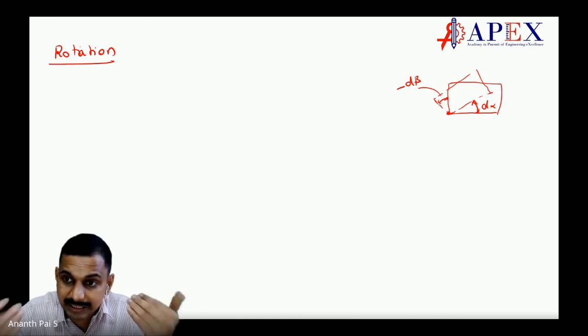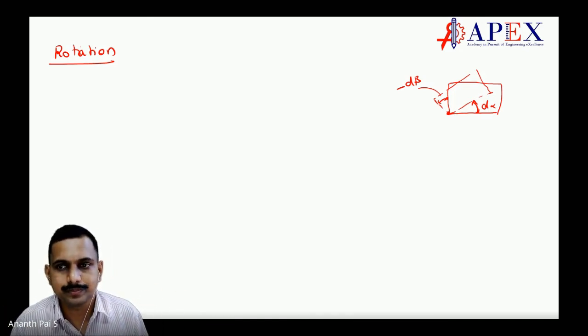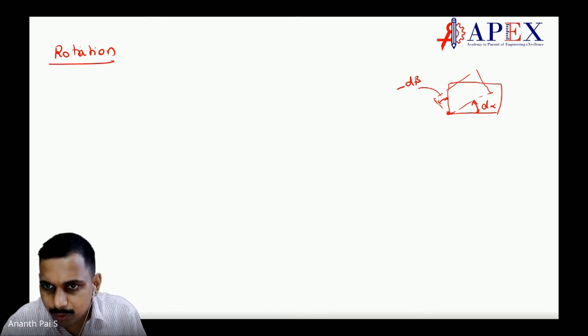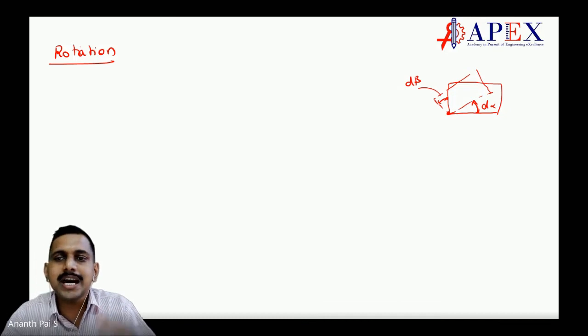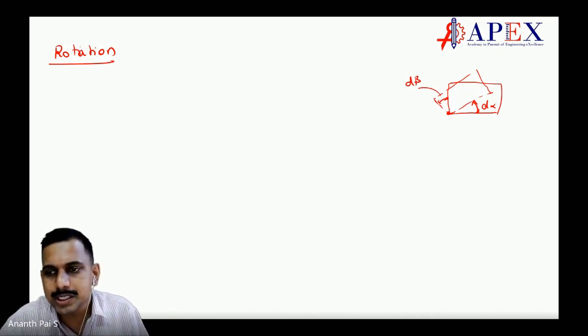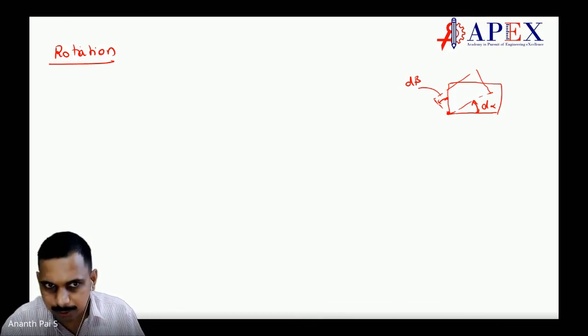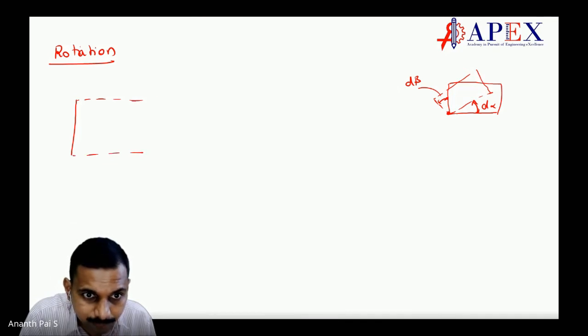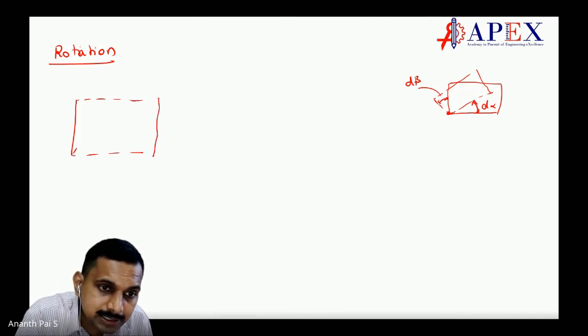And then we take the average of these two. If it was going like this, it would have been d beta. So what is the average rotation if you ask? It is d alpha plus d beta divided by 2. But here in this case, the original one is like this, and it is coming here and going like this.